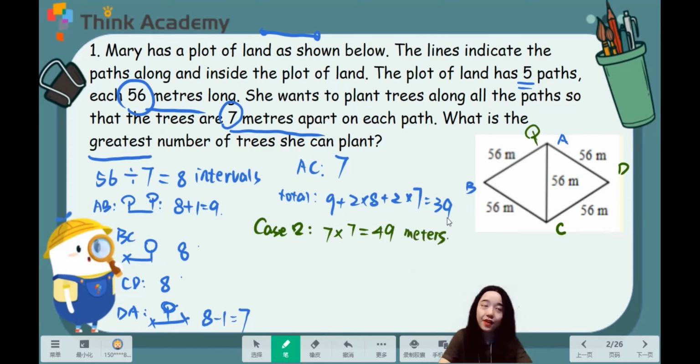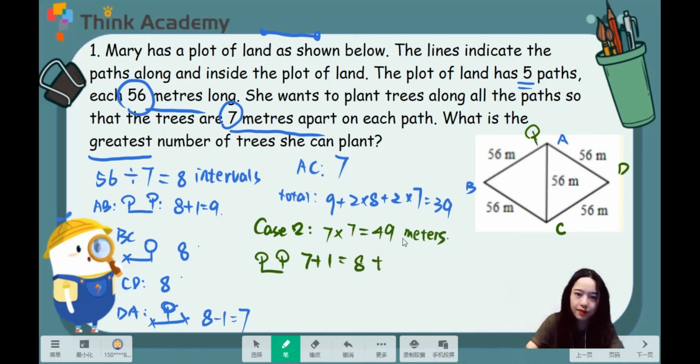That is enough on this road. So if we plant trees on both ends, we can plant 7 plus 1, 8 trees on each path.